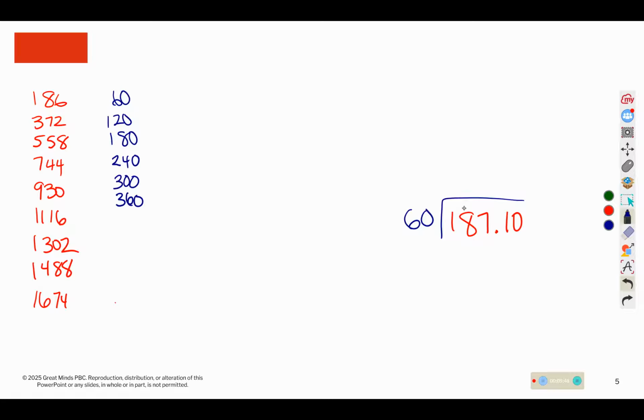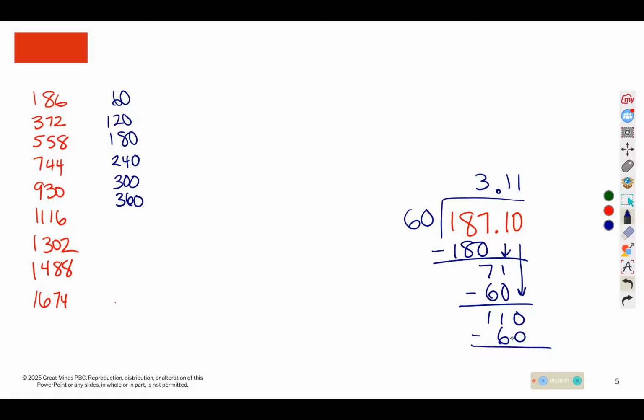So it can fit into 187 3 times. It can fit into 71 once. It can fit into 110 once. 11 minus 6 is 5.